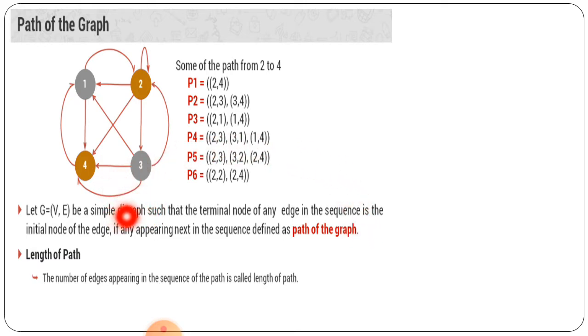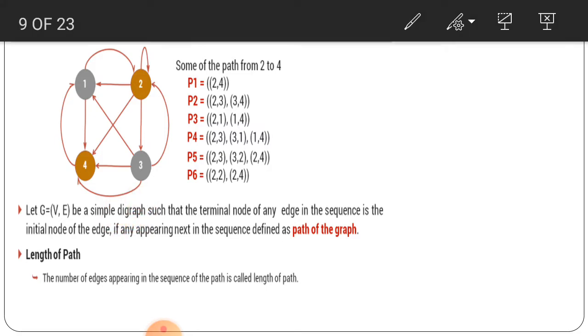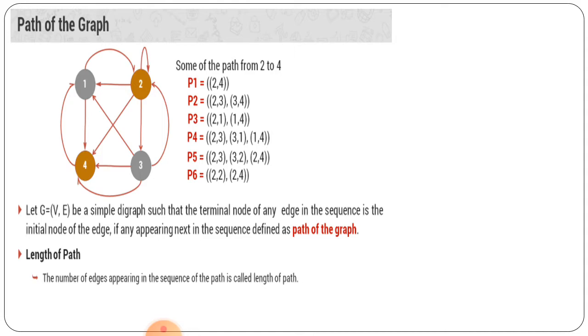A digraph means what? A digraph is one having both types of edges. Such a sequence is defined as the path of the graph.